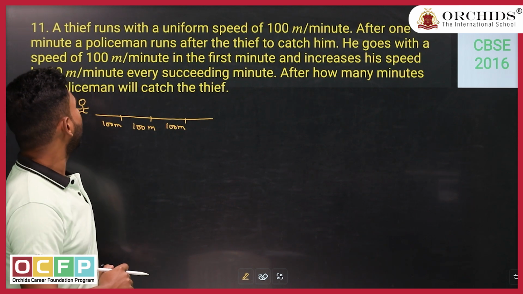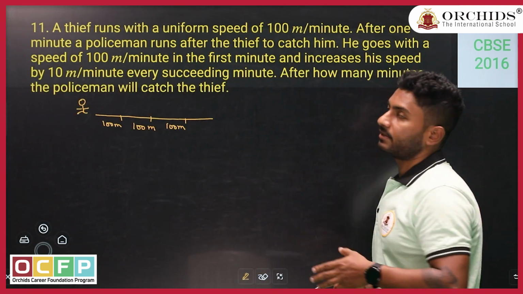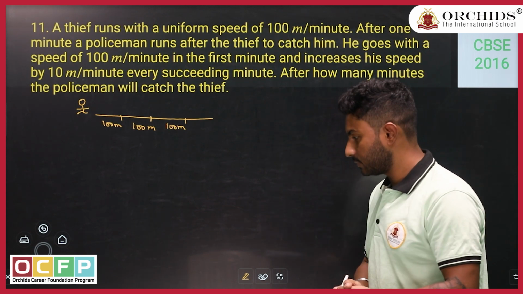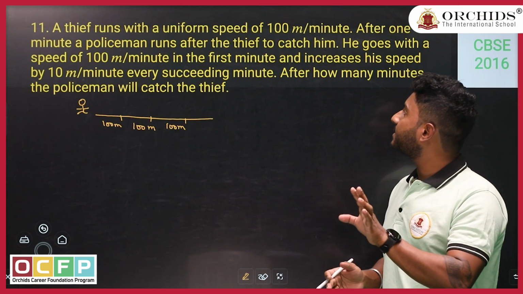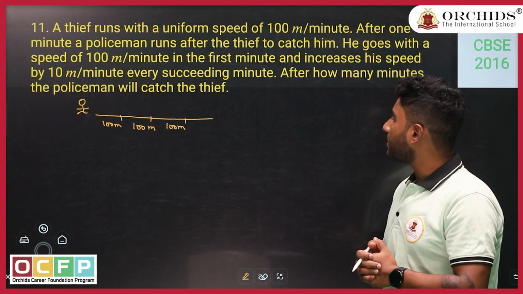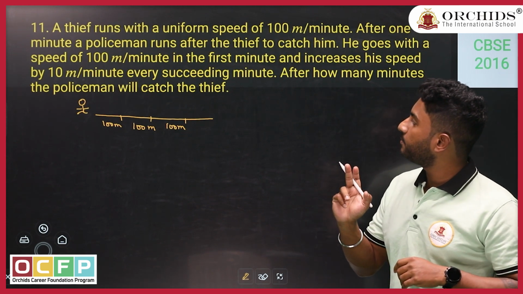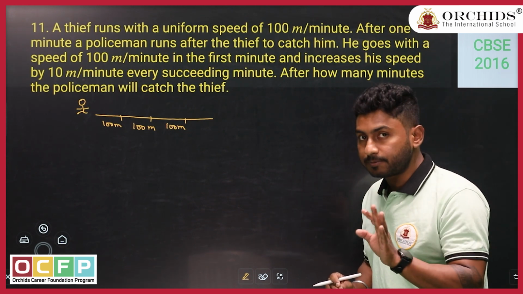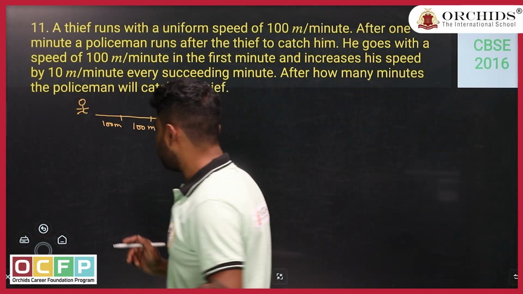Now after 1 minute, a policeman runs after the thief. As you all know, policemen of India, they always run after time. So this policeman starts after 1 minute to catch the thief. But he goes with a speed of 100 meter per minute in the first minute, and then he increases his speed. So here is the policeman.